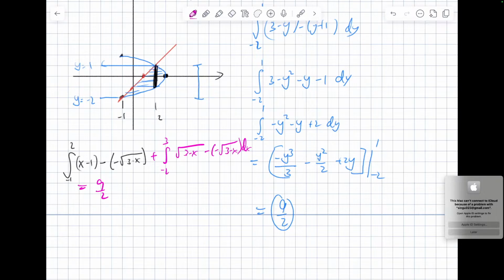You can do -2 to 3 and the 2 in the front, square root of 3 minus x. You're going to get the exact same thing. Oh yeah, this one should be from 2 to 3. So if you do it in terms of x perspective, the x domain is different than the y range.